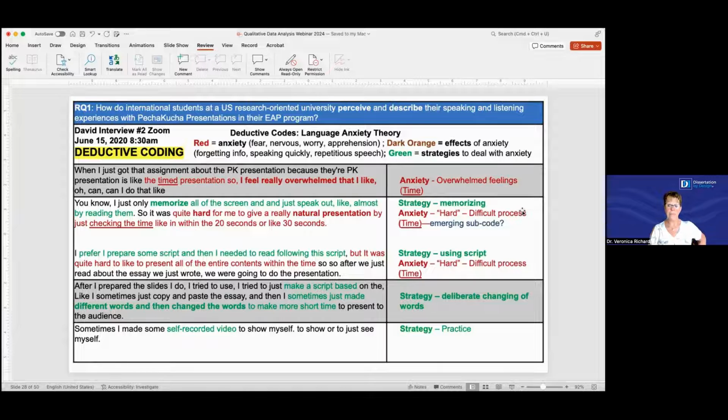Overwhelmed feelings, it's a difficult process, and then there's this aspect of time. So I've already started to identify these nuances of meaning, which is an inductive process, okay? This will save you time. If you are going through and analyzing your data and identifying those relevant segments, by identifying the meaning and the nuances of understanding, you will save yourself some time later on.